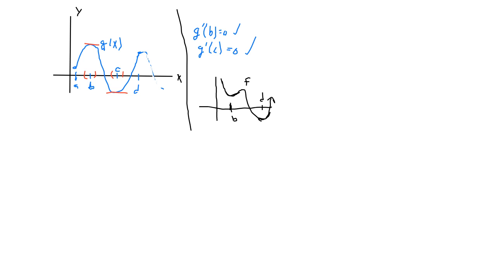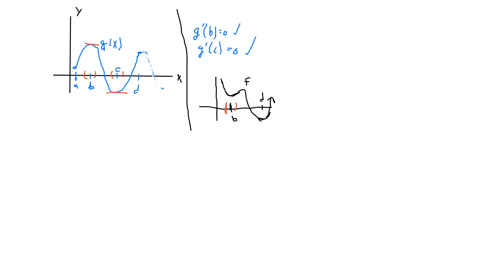The absolute minimum occurs at x equals d, but x equals b is a minimum. It's not an absolute minimum. It's a local minimum.